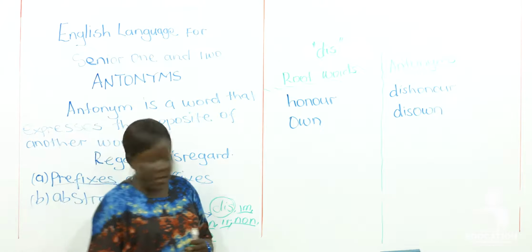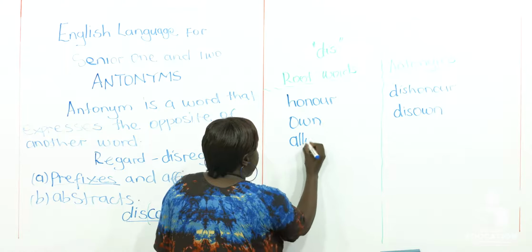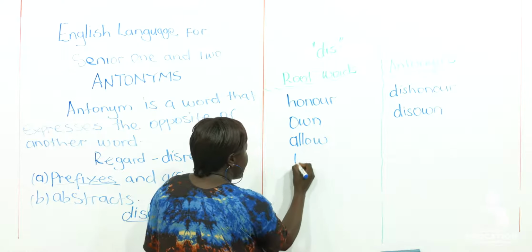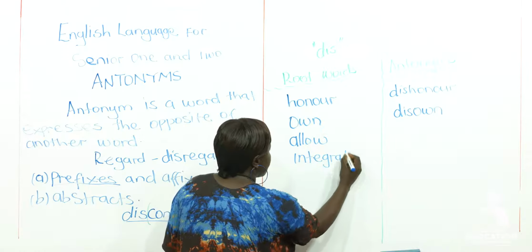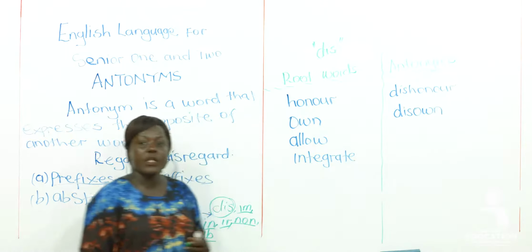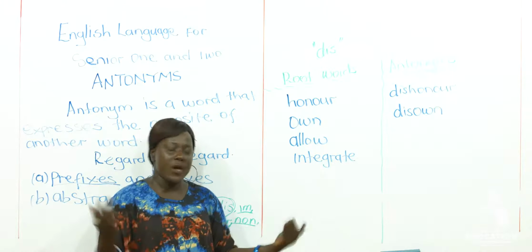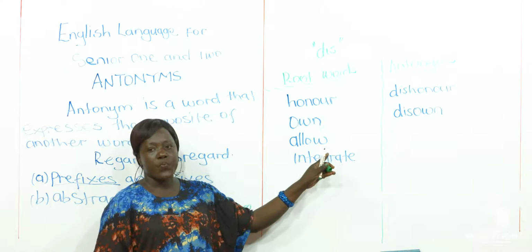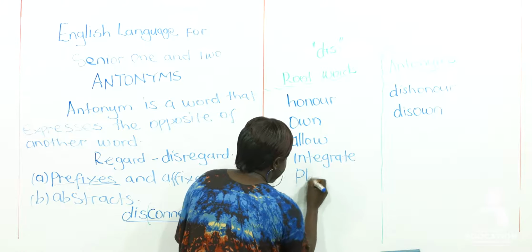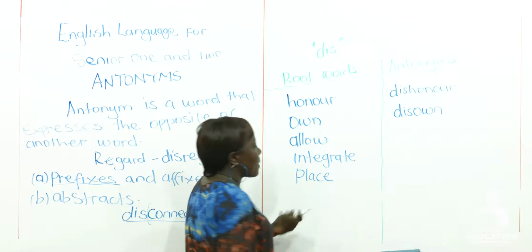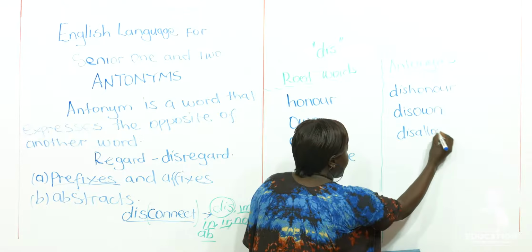Then just like in the word allow. Allow. Even in the word integrate. Instead of saying not to integrate, you will say disintegrate, disallow, displace. Even place. Place is here. You just say disallow.